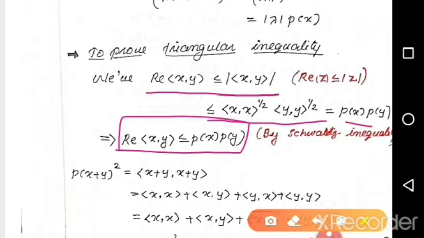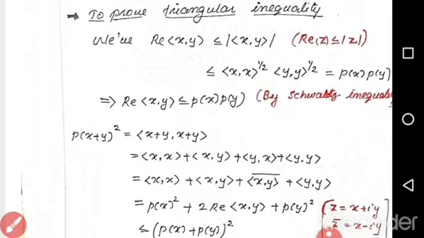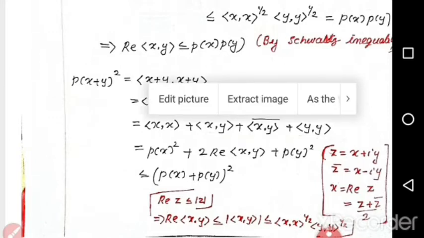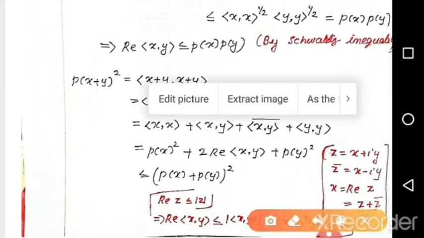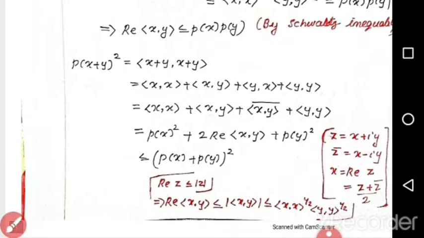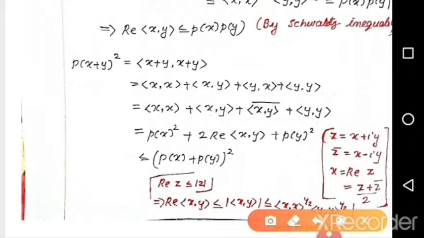Now, P of x plus y whole square is equal to, by definition, inner product of x plus y comma x plus y, and we are expanding this inner product by using the linearity properties of inner product. Again, we know that inner product of xy is inner product of yx conjugate.